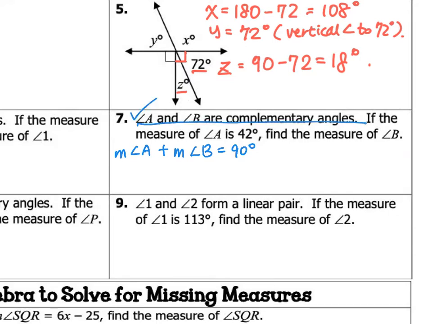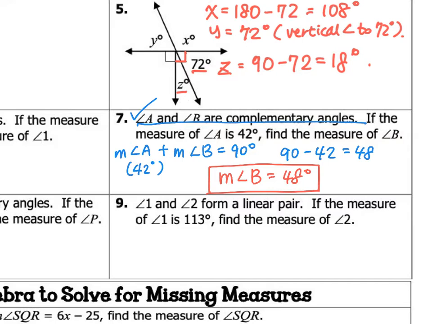If the measure of angle A is 42 degrees, find the measure of angle B. So all we have to do is 90 minus 42, that is 48. So the measure of angle B equals 48 degrees.